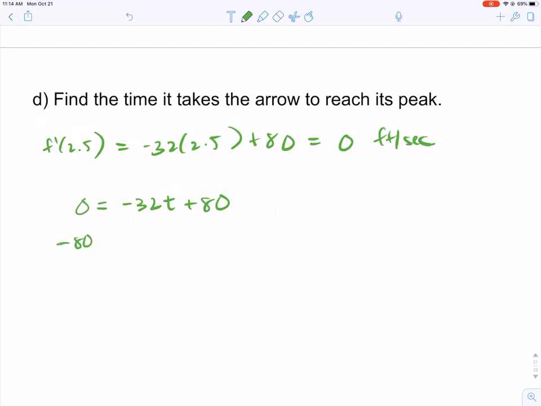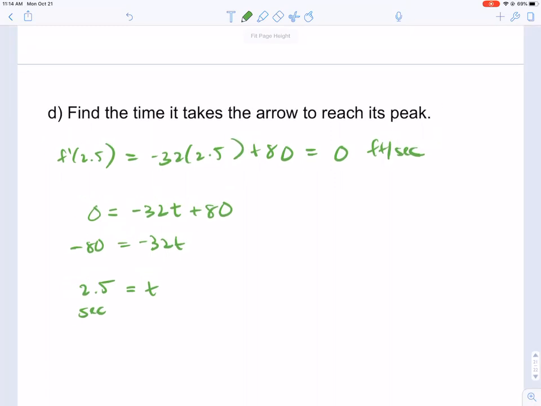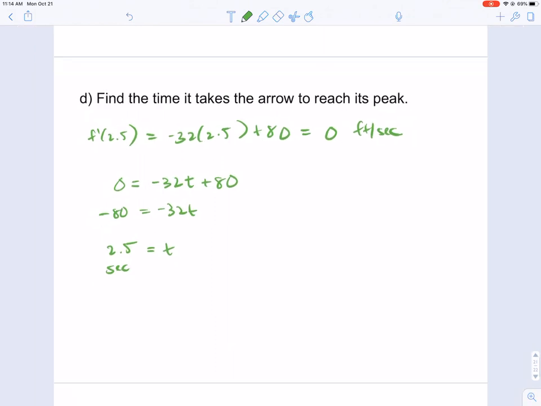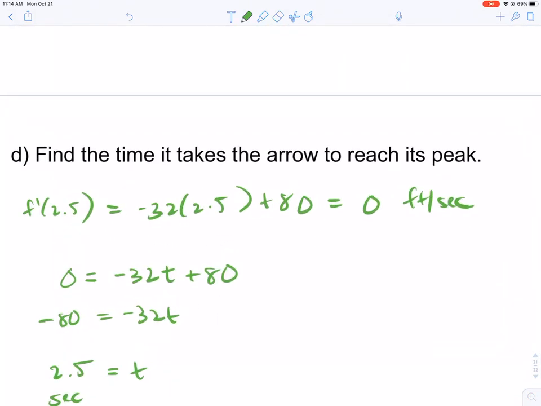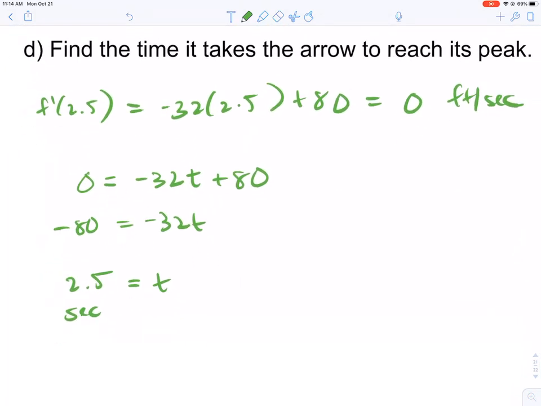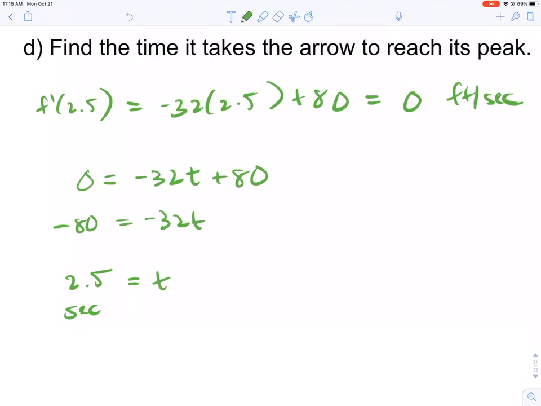And when we do that, we get t equals 2.5 seconds. So that's just determining when the arrow reaches its peak from more of a calculus perspective. Okay, so we will talk about this a little bit more in class.